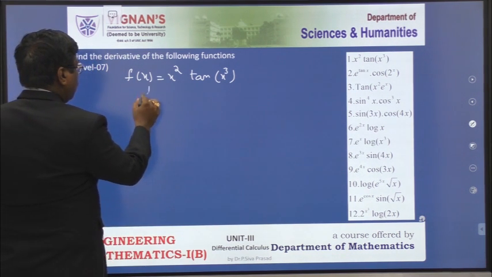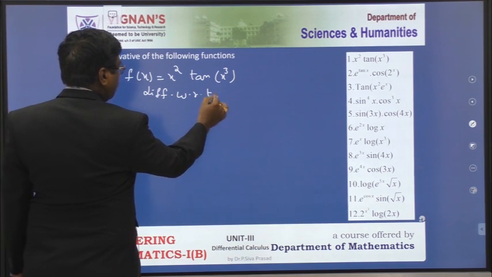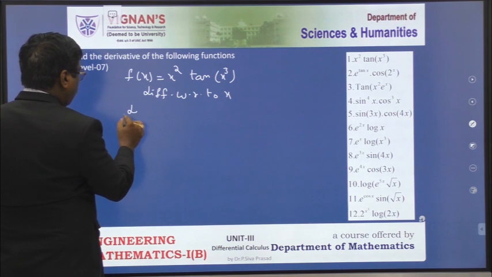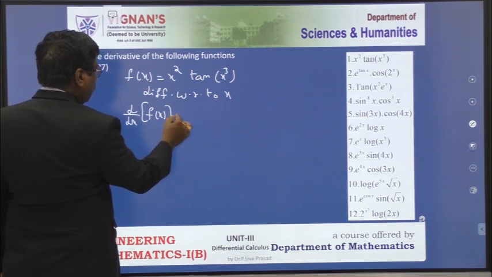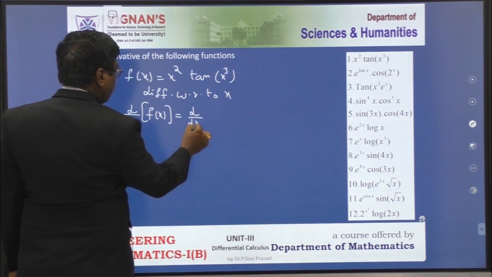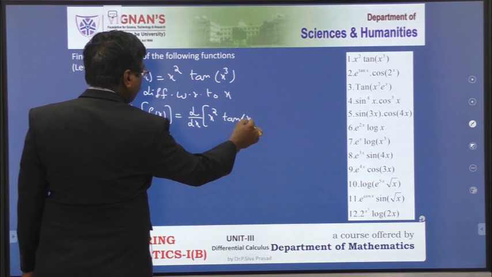So differentiate with respect to x on both sides. Therefore, d by dx of f of x is equal to d by dx of x square into tan of x cube.